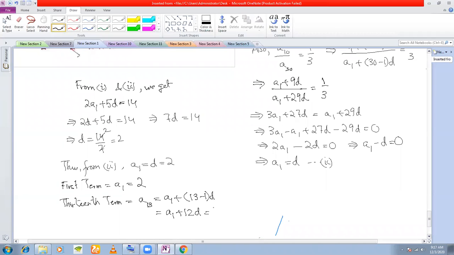Put the value of A1 and D. A1 is 2, D is also 2. So this is 2 plus 24, which is 26. So the 13th term is 26. First term is 2, 13th term is 26. You can determine 20th term, 1000th term, any term you want, once you know the first term and the common difference.